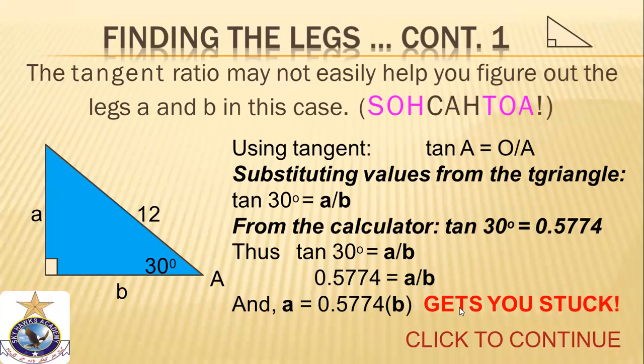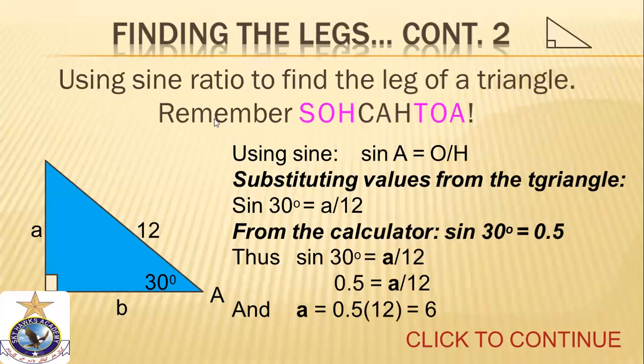The reason is that you are looking for one value, so the other must be given. That's why you cannot find the answer with tangent. But the other way, if you are looking for the sine, you can find the sine of this, and I'm sure you can find the cosine of this also.